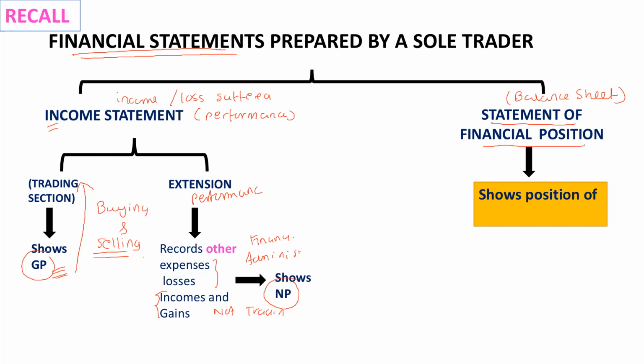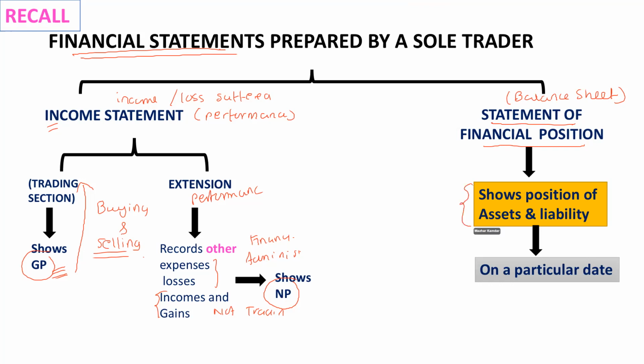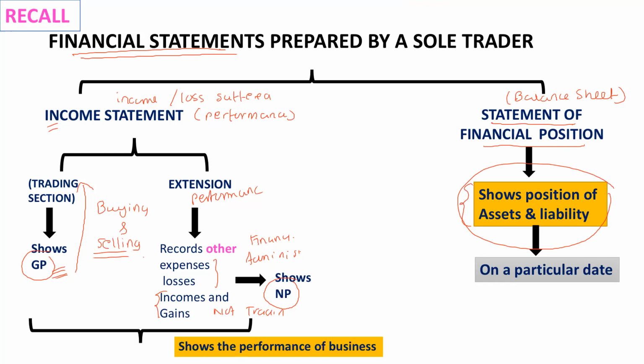It shows us the position of assets and liabilities, and that position is shown on a particular date. Please remember, the statement of financial position is a positional statement which just shows us what the assets and liabilities are on one date. However, the income statement, both the trading section and the extension, will show us the performance of the business.